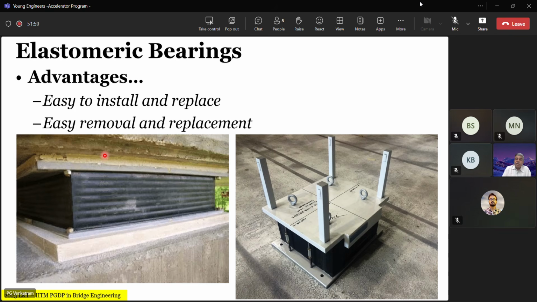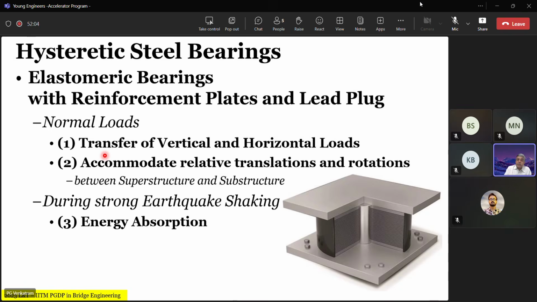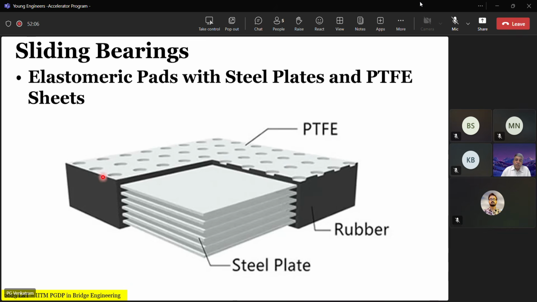But if you want the bearing to allow the displacement, then what you do is you end up putting a PTFE sheet pasted, and on top of it, the top plate has a stainless steel backing which will slide on it.